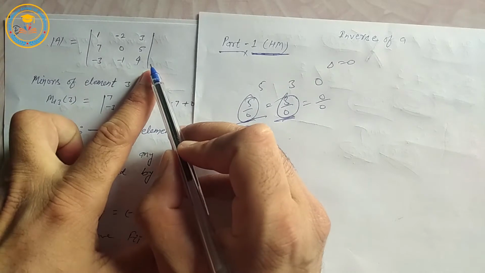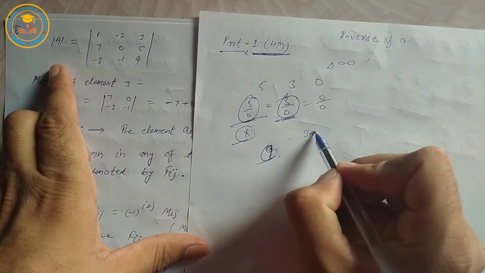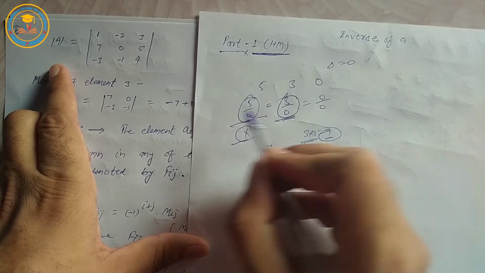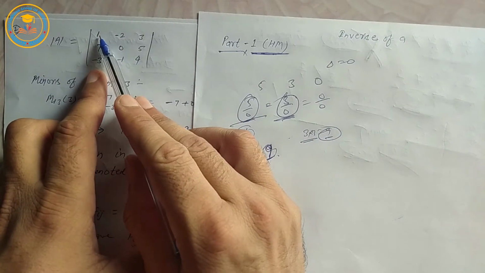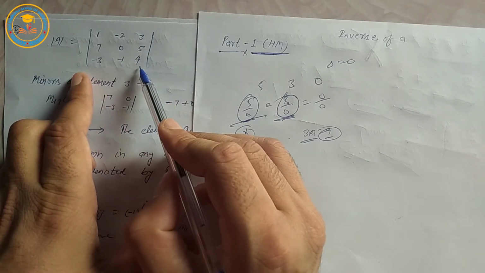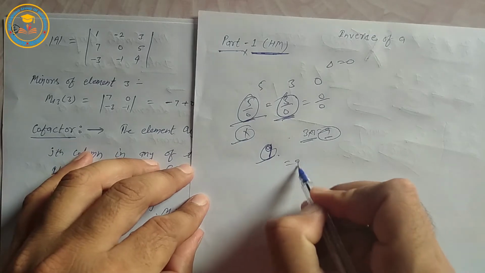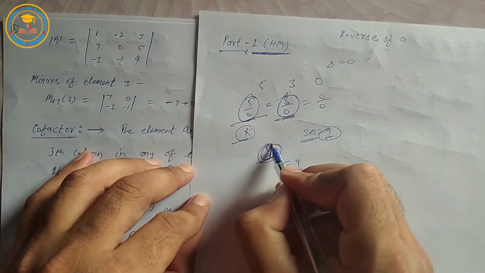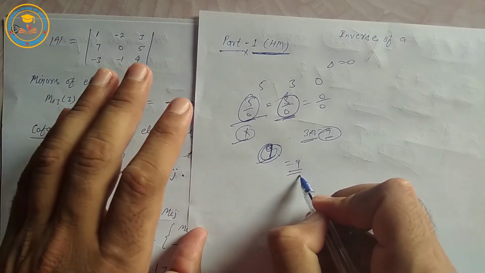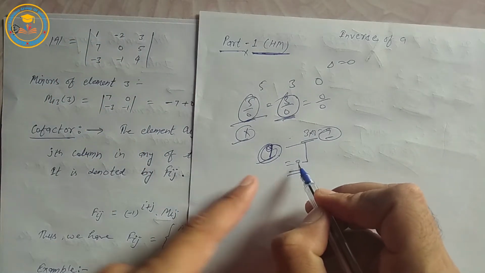It means order of determinant 3 by 3 is equal to 3 into 3, 9. It means 1, 2, 3, 4, 5, 6, 7, 8, 9. And number of minors is equal to 9. Number of elements and number of minors are the same.